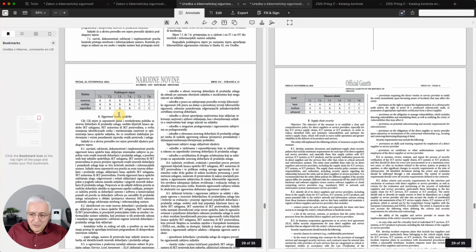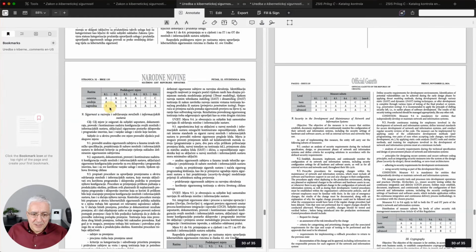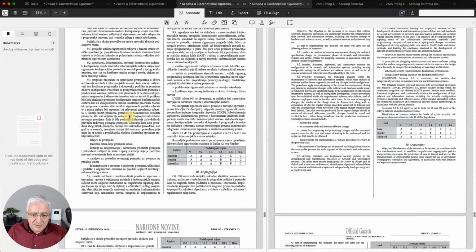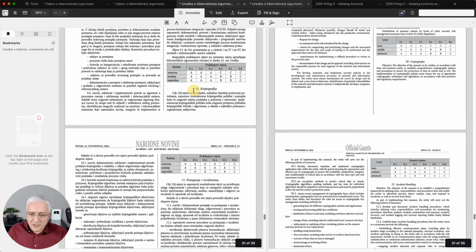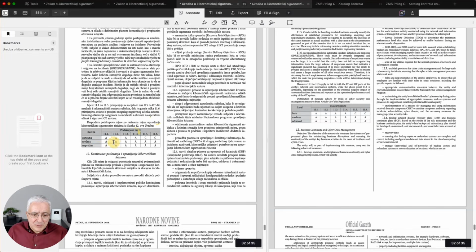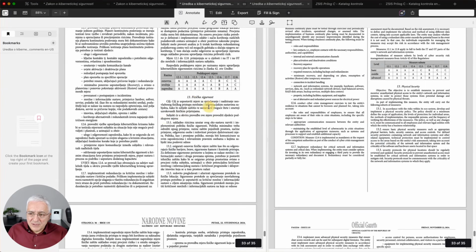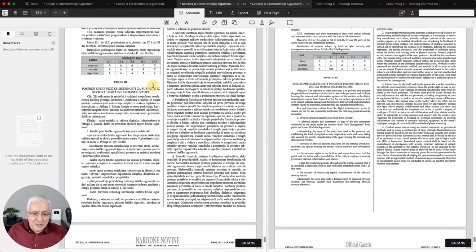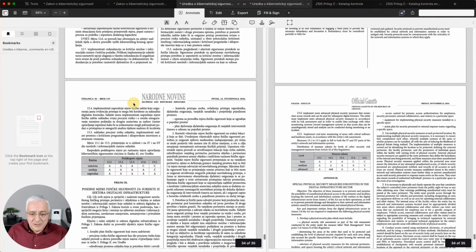Number 8 is about supply chain security. Number 9 is security in development and maintenance of network and information systems. Number 10 is cryptography. Number 11 is incident handling. Number 12 is business continuity and cyber crisis management. Number 13, physical security. And basically this is it. So these 13 chapters are here.